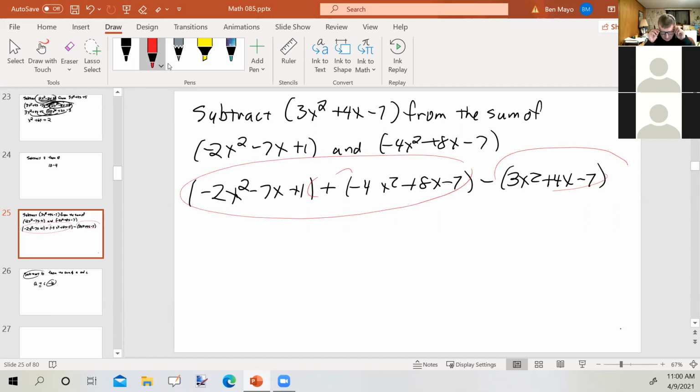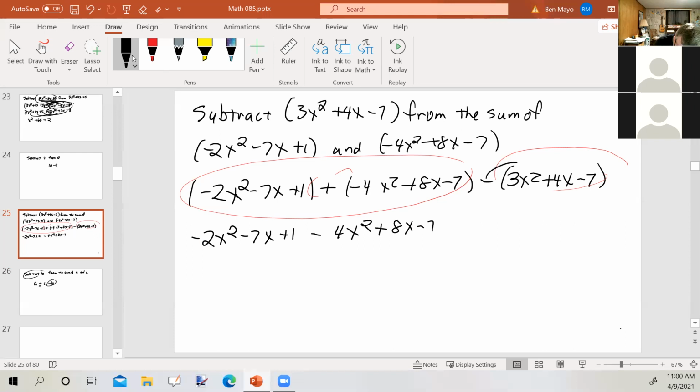Now, the first set of parentheses has nothing in front of it, so I'm going to just bring down the terms from the inside. The second set of parentheses has a plus sign, so that's like distributing a 1, which is still going to give me what's inside. But the third set of parentheses has a subtraction, so I'm going to distribute it and get minus 3x squared minus 4x and plus 7.